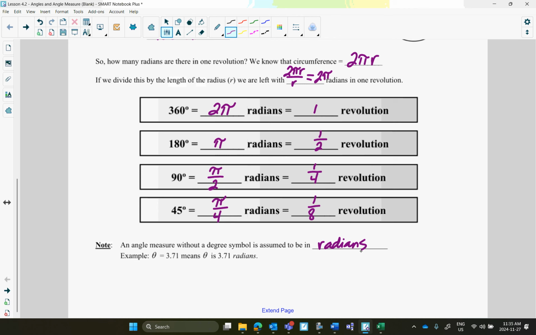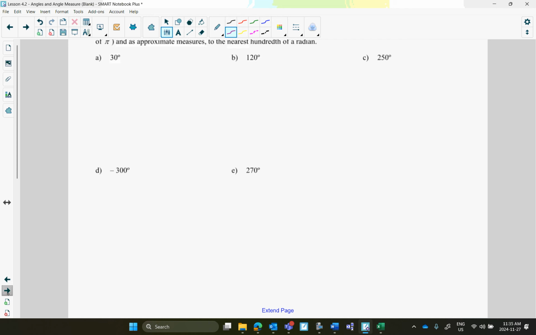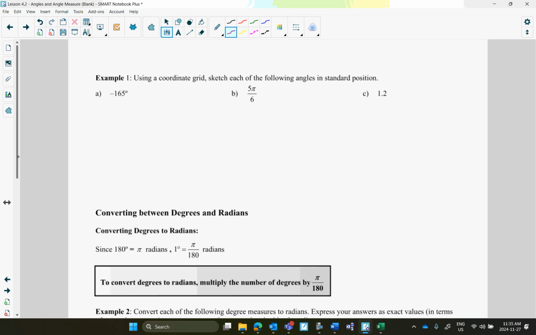So the degree symbol is important if we want to do degrees. Okay. So given what I just said, which of these 3 is in degrees, which are in radians? A is degrees, B and C are radians.